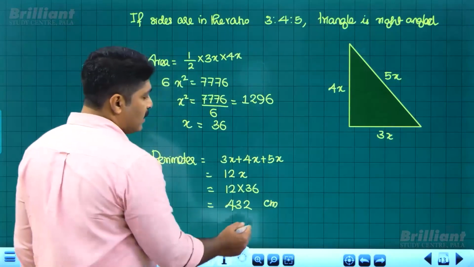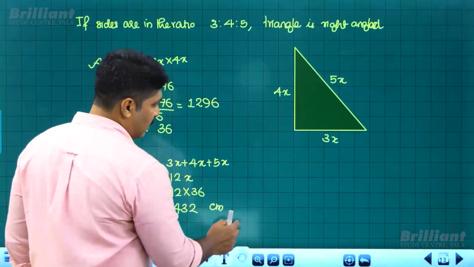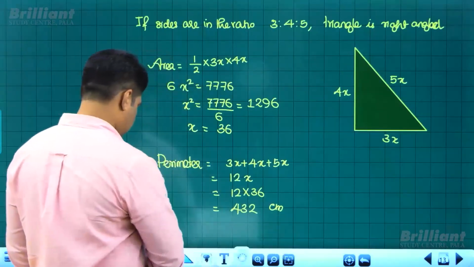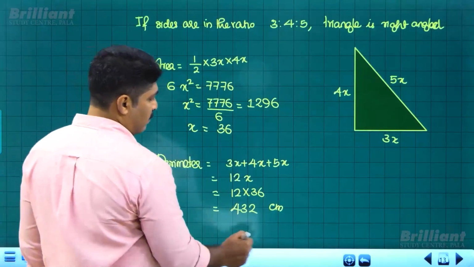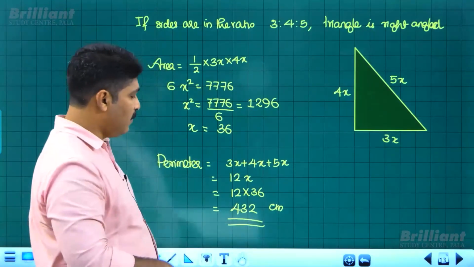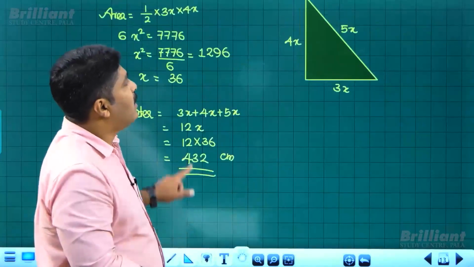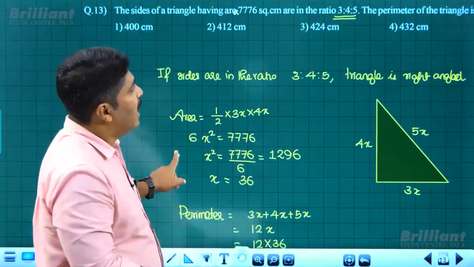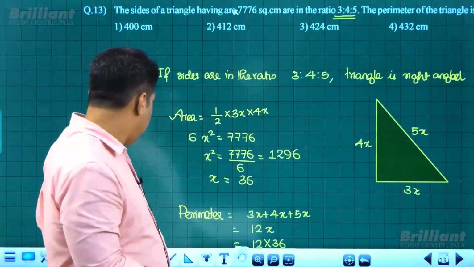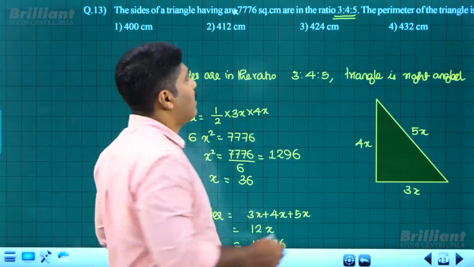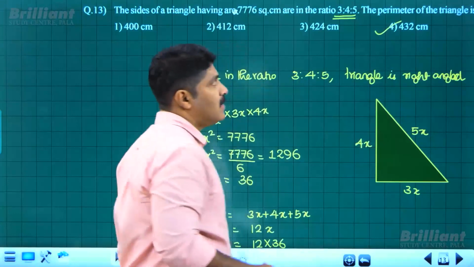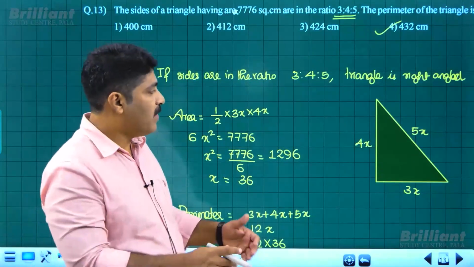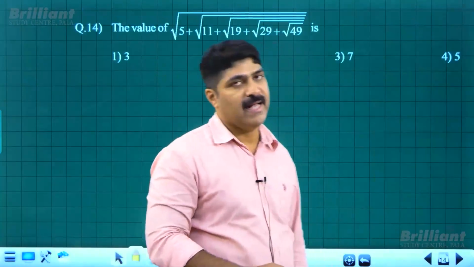So this is only centimeter. So this is 432 centimeter. Therefore, the answer is option 4. Clear? So understand the concept of Pythagorean triplet. With the help of that Pythagorean triplet, we can find the answer.